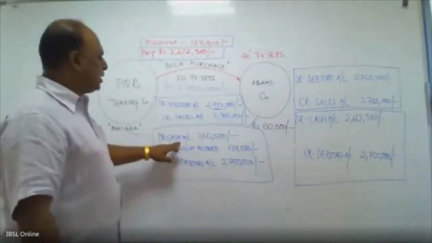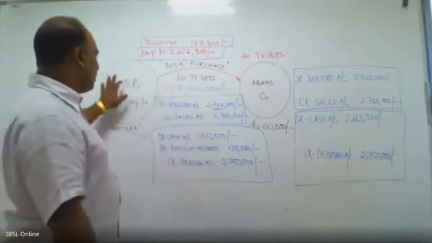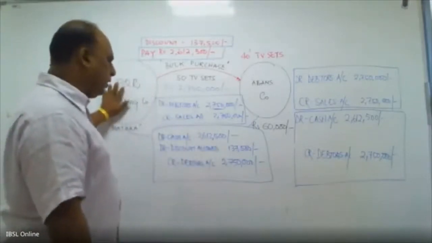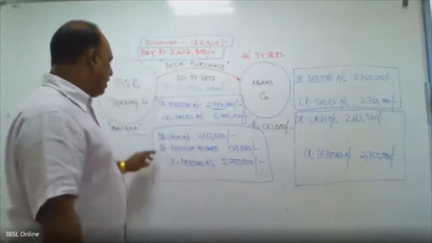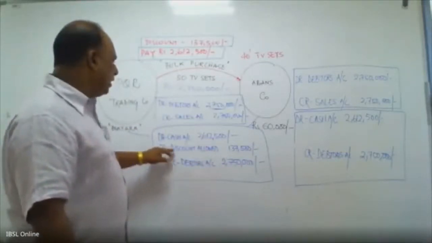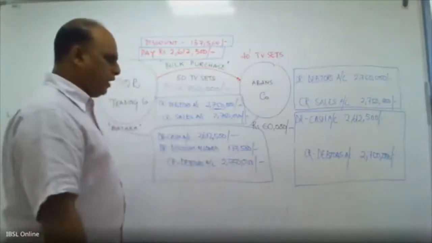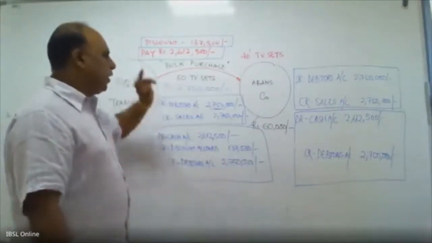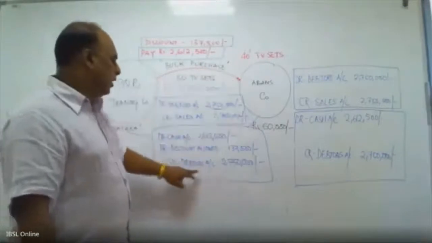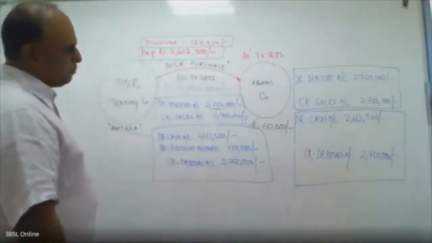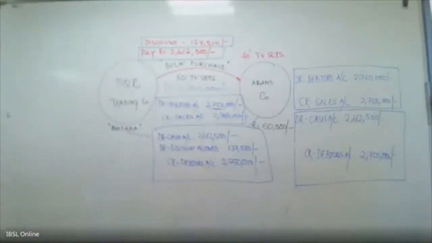One is to the cash account 2,612,500, which is what PQR Trading Company paid before 20th February. Another debit to say that the discount allowed on this transaction is 137,500. The credit is the original debtors entry that you passed, which is 2,750,000. Okay. So I hope this is understood by you all.